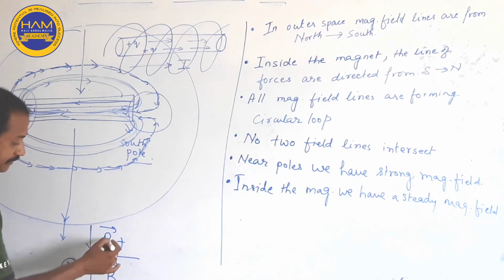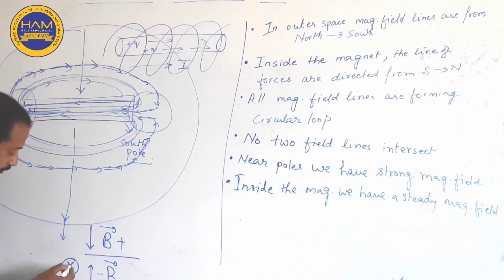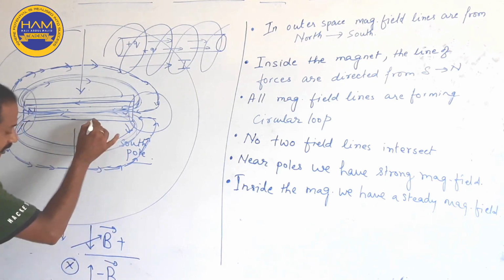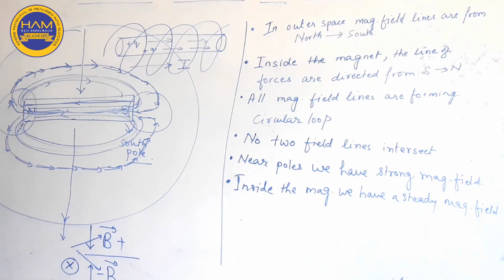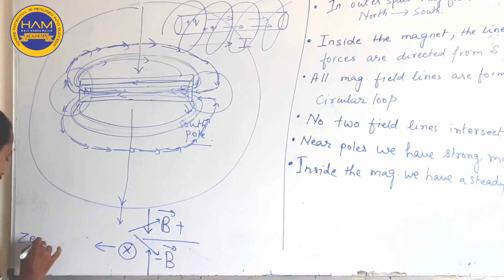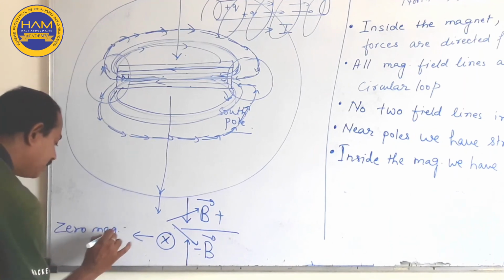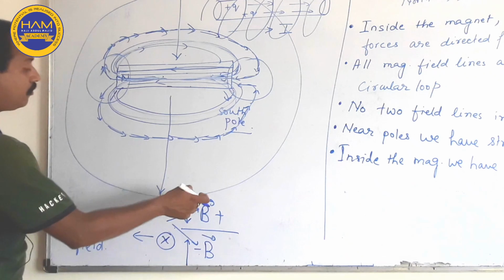Okay, so at this particular point we have the value of this magnetic field as well as the value of the Earth's magnetic field, but both are equal and opposite in nature. As equal and opposite forces cancel each other, both these magnetic forces will cancel each other, and at this point you have a zero magnetic field, neither from the Earth nor from the magnet.